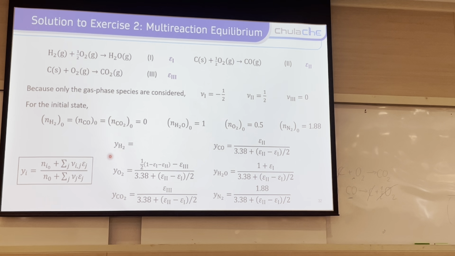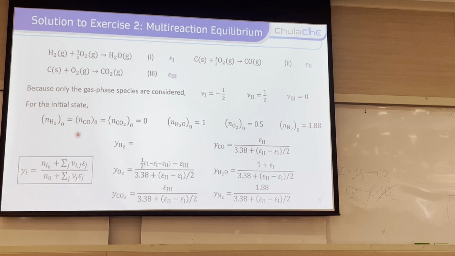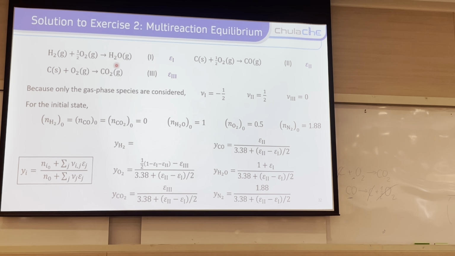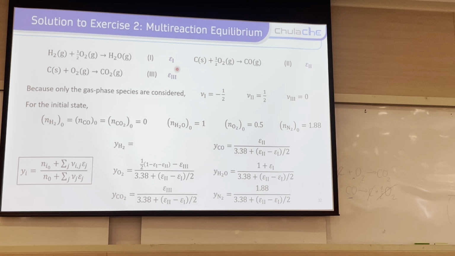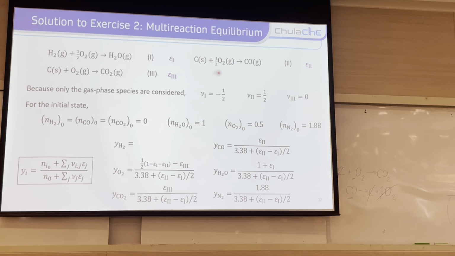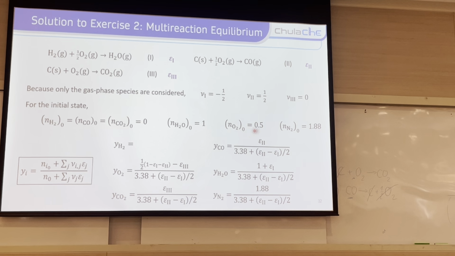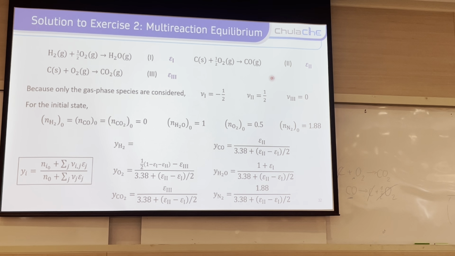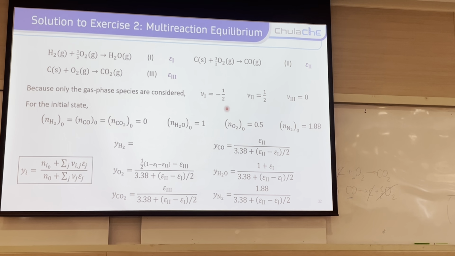So in the case of mole fraction of hydrogen, hydrogen is present in reaction 1 only. So you have the reaction coordinate for reaction 1, minus reaction coordinate 1, over the total, which is equal to 3.38 plus the reaction coordinate of each equation.